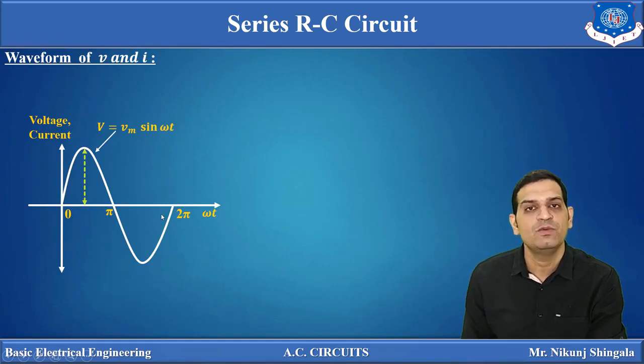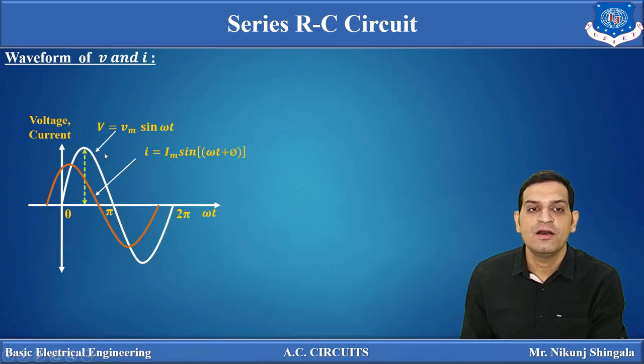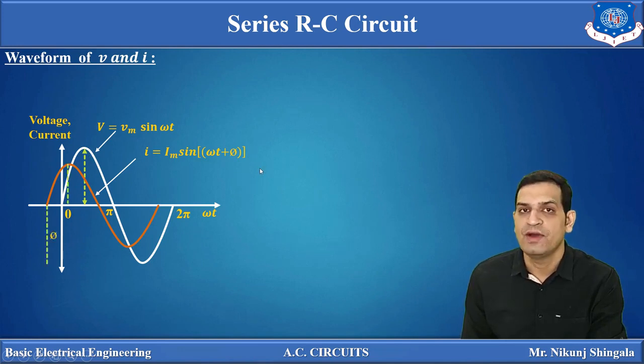One cycle is taken between 0 to pi. Now as the circuit consists of a capacitor, current leads the voltage by some angle phi. So the current waveform will be drawn in such a way. Here you can say current is leading the applied voltage by some angle phi, because current attains its maximum value before voltage attains its maximum value, and this angle is nothing but phi.